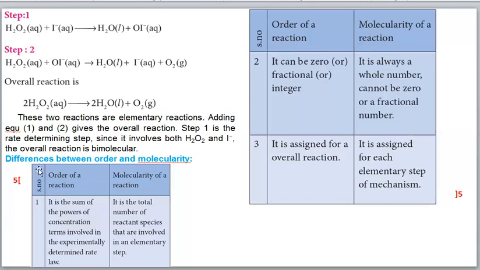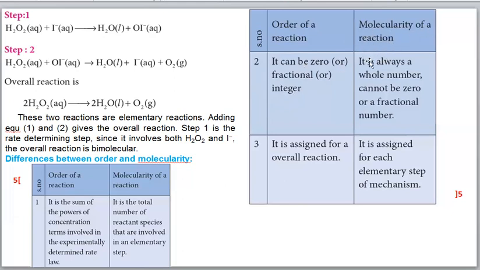And then the difference between order and molecularity. Order of a reaction is the sum of the powers of the concentration terms involved in the experimentally determined rate law. Molecularity is the total number of reactant species that are involved in an elementary step. Order of a reaction can be 0, fractional or integer.